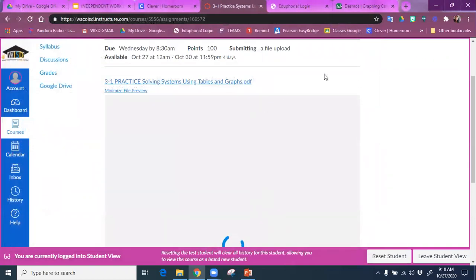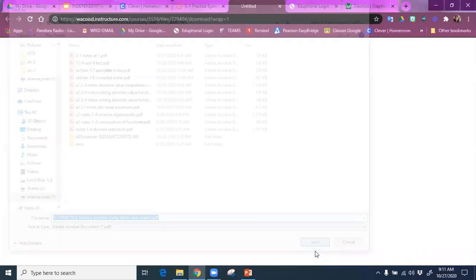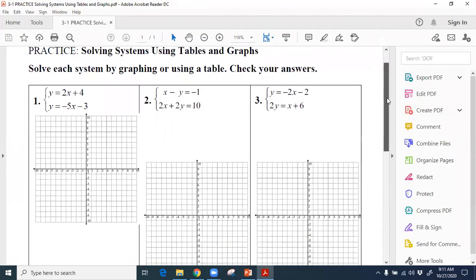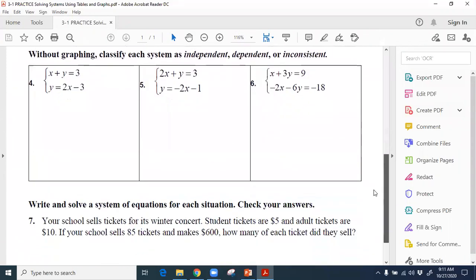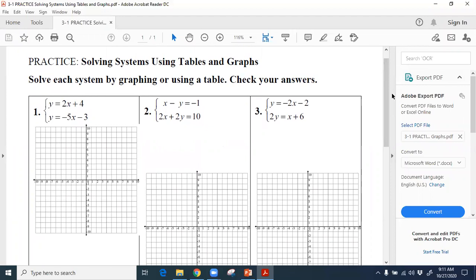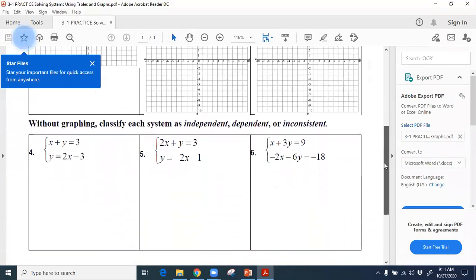Okay. All right. So questions, comments, concerns about what we've done today? None? Cool, cool, cool. So I'm going to go ahead and open it so you can see it. You have graphs where you're practicing graphing and finding the solution.